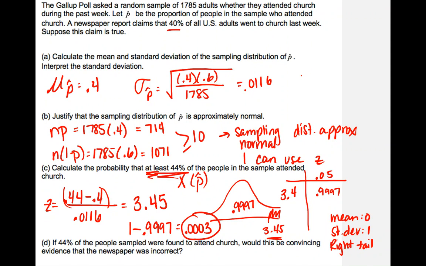So in this particular case, this would be surprising. 0.03% is pretty unusual, which would give us evidence that the newspaper's claim was incorrect. So we'll say yes, because 44% is unusual if 40% is actually true.